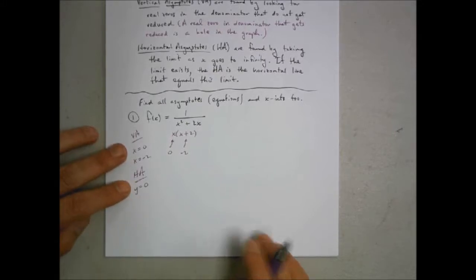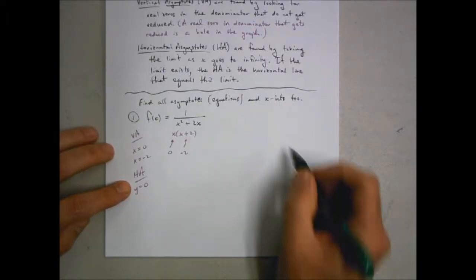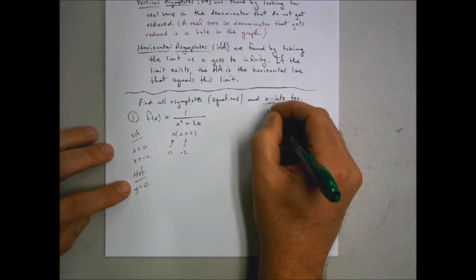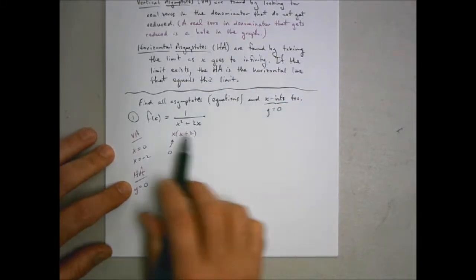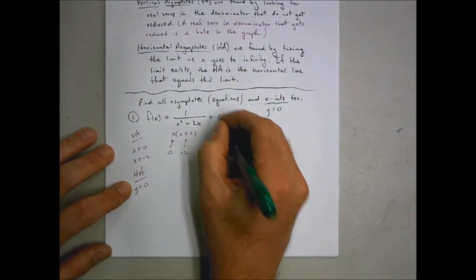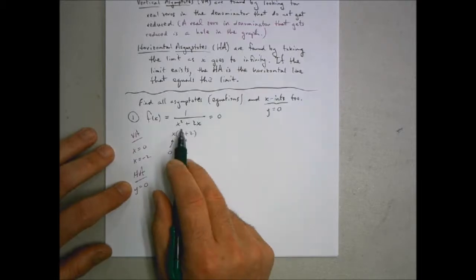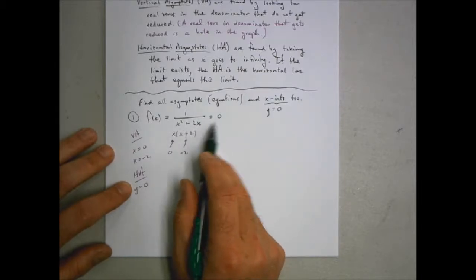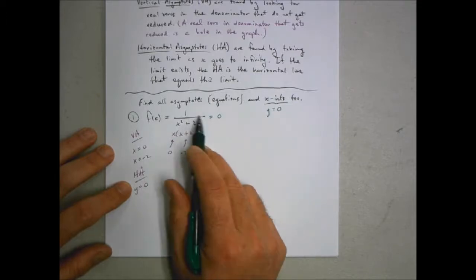Now, also asking for x-intercepts, and remember that x-intercepts are where y equals 0. So if I plug in 0 for the y, in other words, this fraction equals 0, well, if I cleared the fractions, if I multiplied both sides of the equation by x squared plus 2x, wouldn't we get 1 equals 0? Is that true?